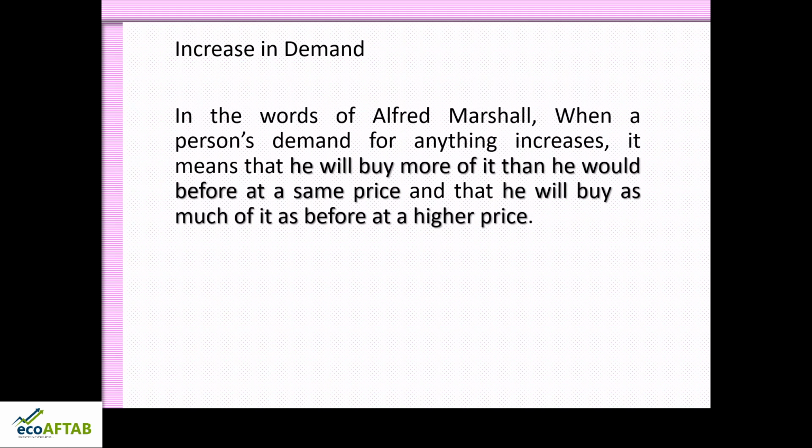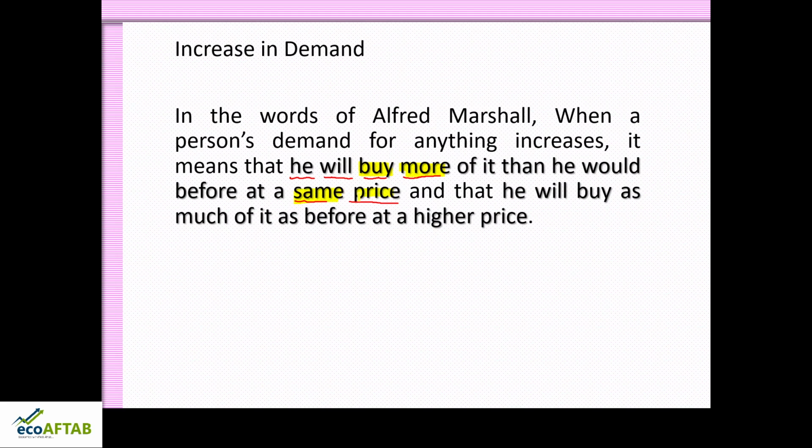So in the words of Alfred Marshall, when a person's demand for anything increases, it means that he will buy more of it than he would buy before at the same price. So here what we need to highlight is, he is buying more, the consumer is buying more at the same price.